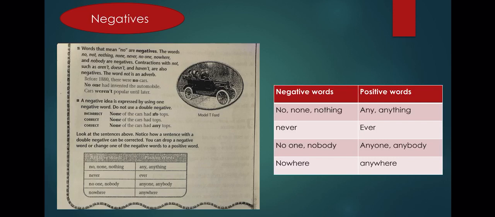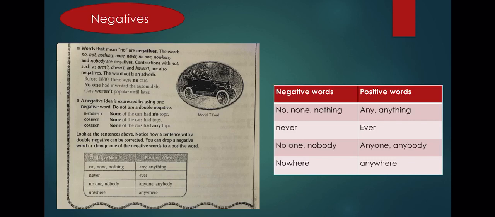Now let's look at the sentences you have on your page, which is page 31. Before 1880, there were no cars. So no here is a negative, which means there were no cars, none, not even one, before the 1880s. No one had invented the automobile.